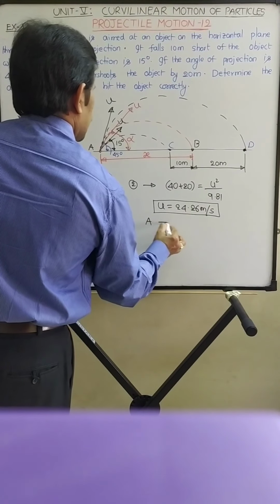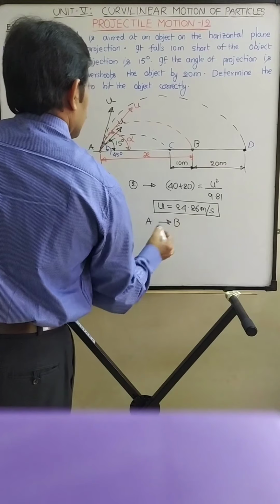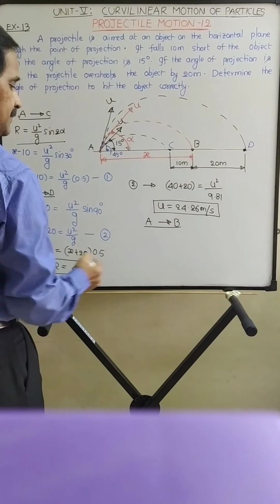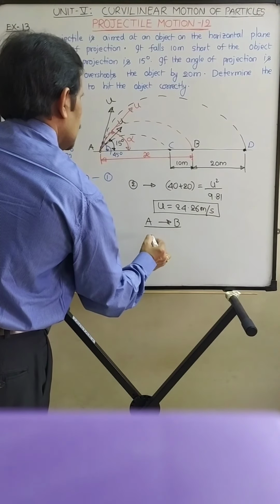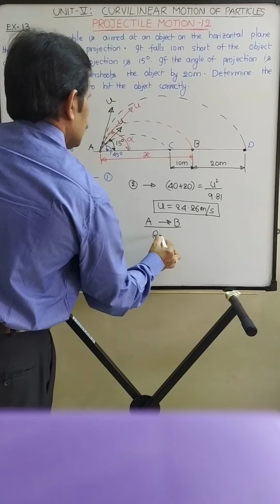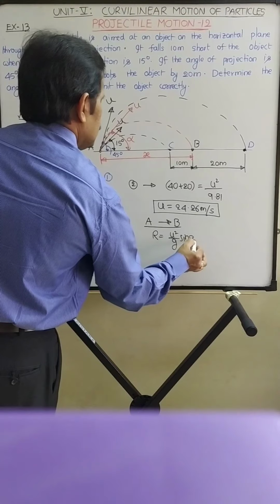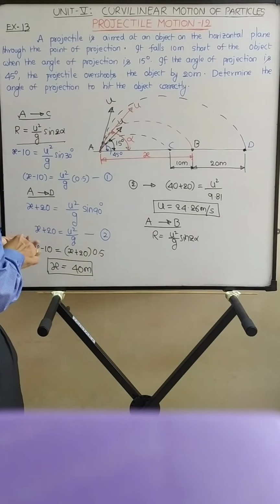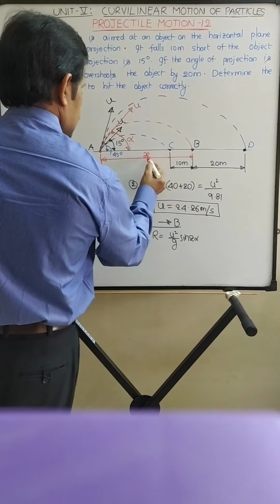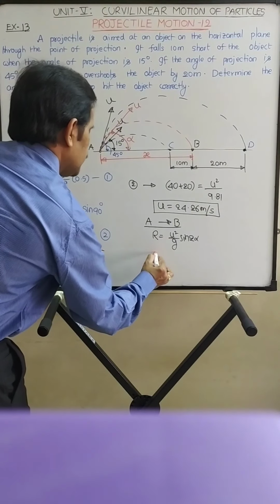Now the motion of the projectile from A to B. What is the formula? Range R is equal to u square upon g sine 2 alpha. Here R is equal to x, x is equal to 40.